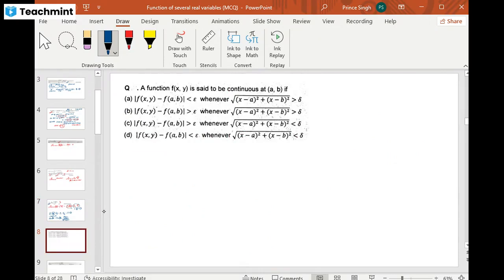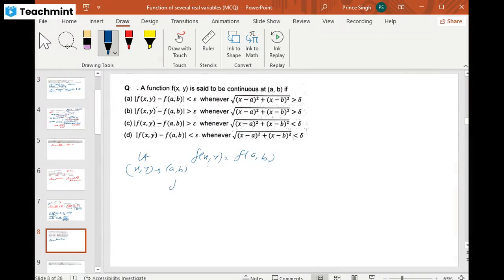Okay, now the next one is based on the definition of continuity. The definition of continuity is: limit as (x, y) approaches (a, b) of f of (x, y) is equal to f of (a, b). So what does the definition state? If the limiting value of the function is equal to the value of the function, then your function is continuous.